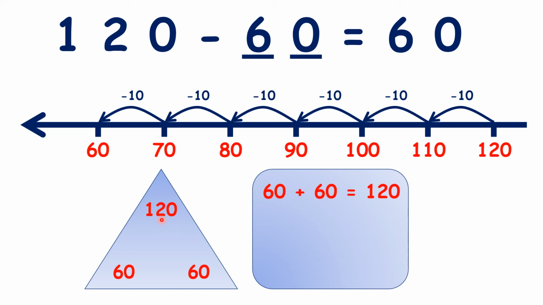We can also say that half 120 is 60. And we can see that because we have multiples of 10 with 120 and 60, our number family facts are similar to our facts for 12 and 6.